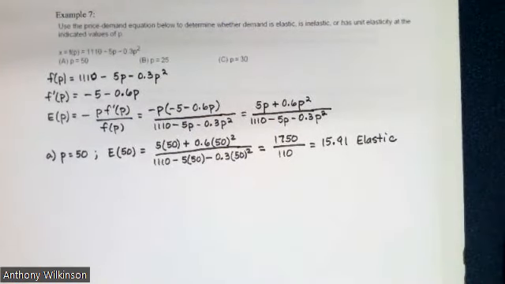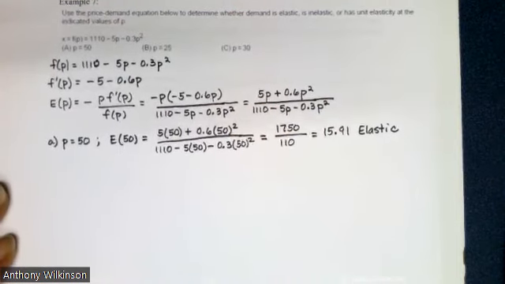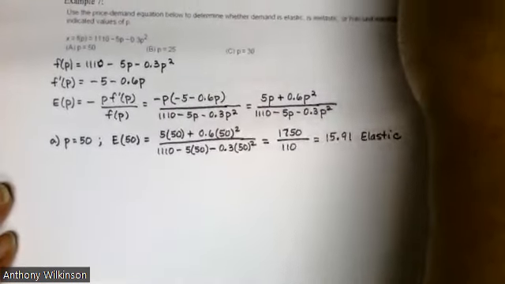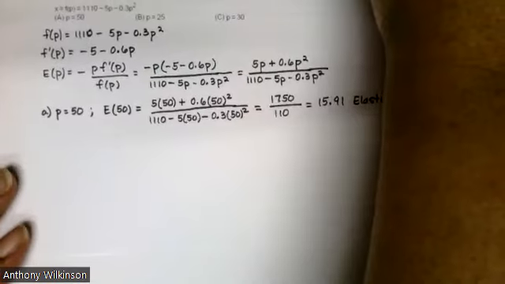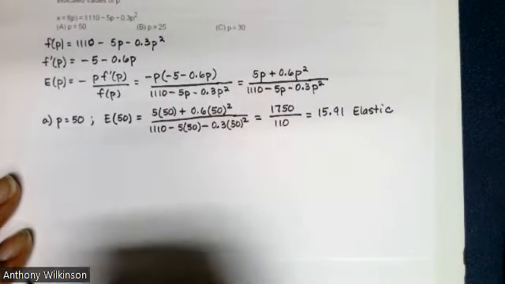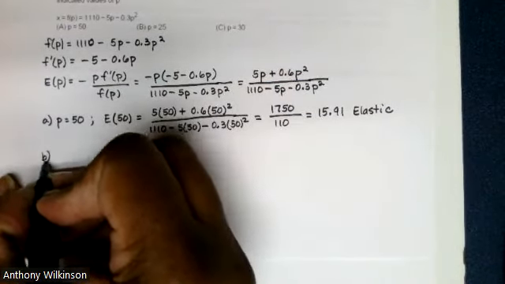And what that means here is that the demand will be sensitive to changes in price, meaning a percentage change in price produces a larger percentage of change in demand. Okay. So that's part A.